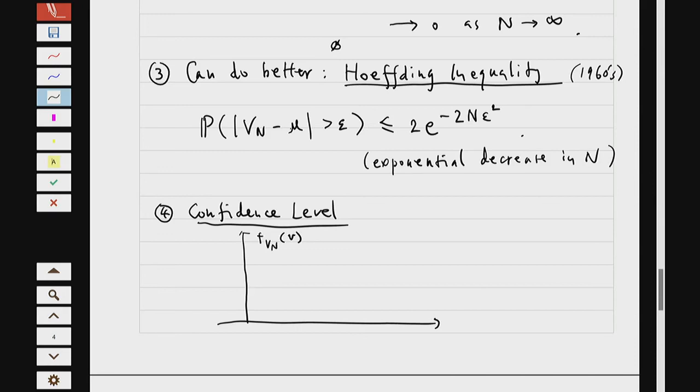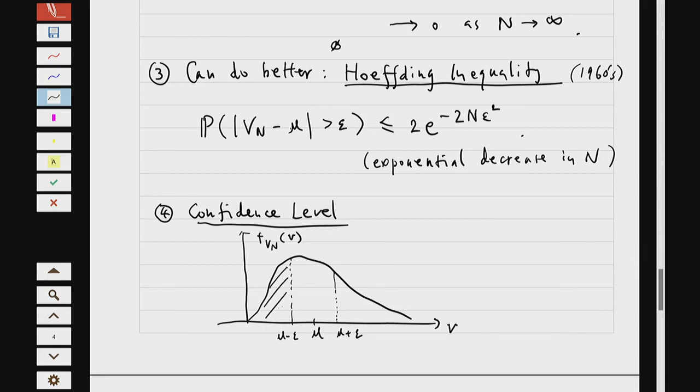We can talk about its mean value, but we can also talk about its density function. Usually the density function looks maybe something like this, with a certain tail. Here is the mean value, and if you want to bound around the true mean, this is mu plus epsilon, mu minus epsilon.